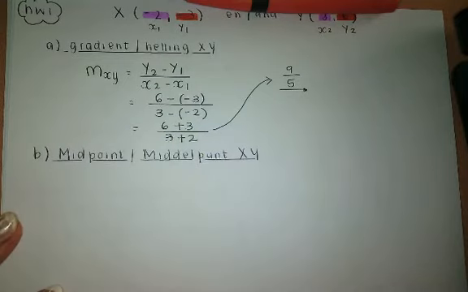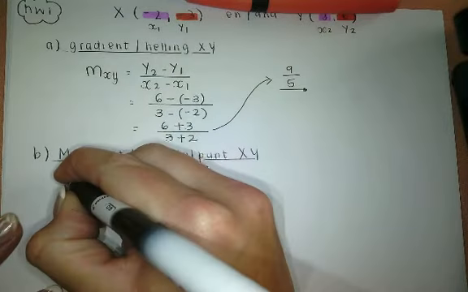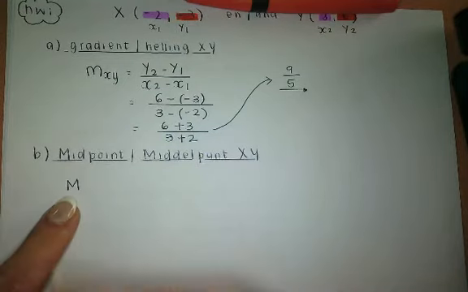Next I want us to calculate the midpoint. We know it's going to be a coordinate. So my midpoint of x and y is going to be the following. You see how I write it as a coordinate? You see the difference?